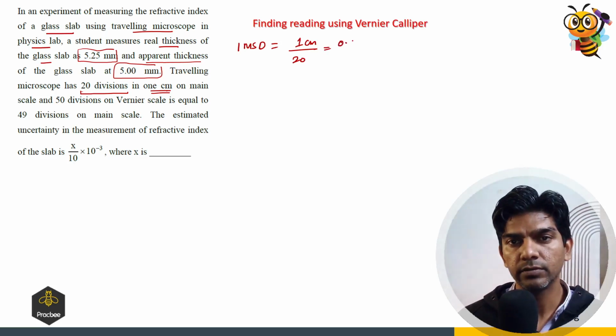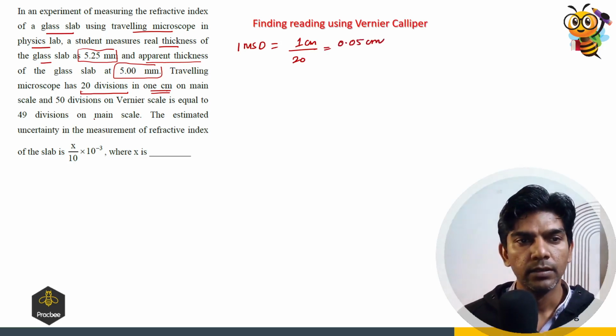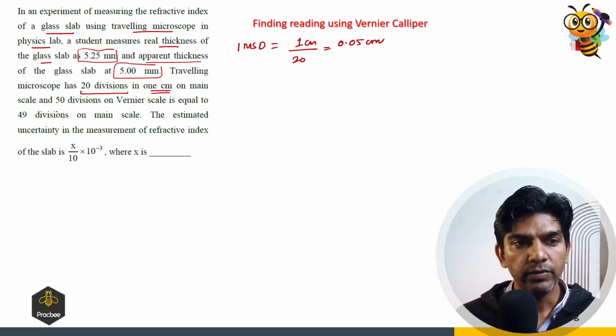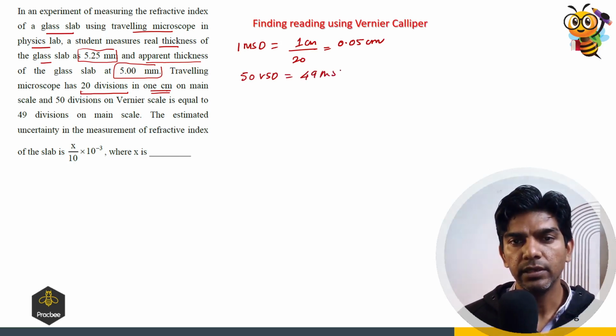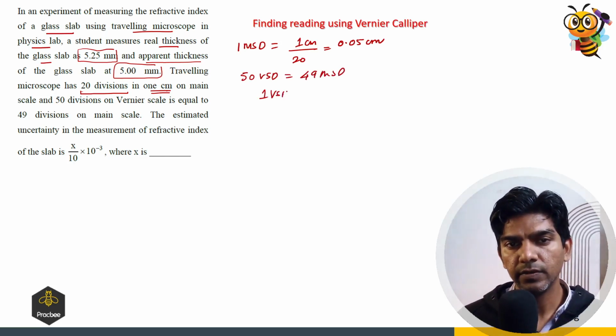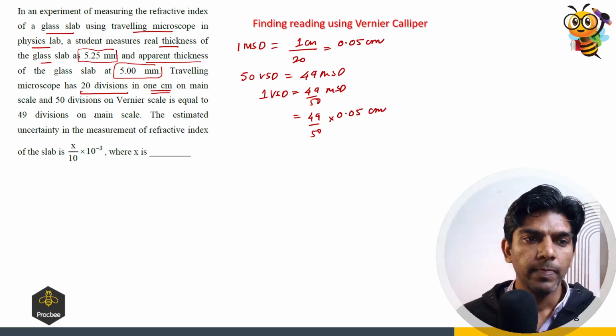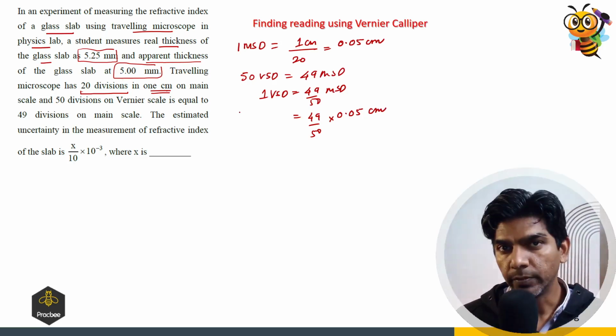So that will be 0.05 centimeter. And we have given 50 divisions of the Vernier scale is equals to 49 divisions on the main scale. So 50 Vernier scale division is equals to 49 main scale division. So from this one Vernier scale division will be 49 by 50 main scale division, and main scale division is 0.05. So 49 divided by 50 times 0.05 centimeter. So we got one Vernier scale division, we got one main scale division.